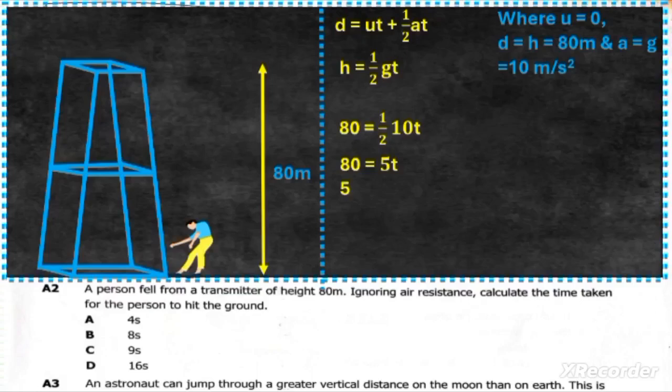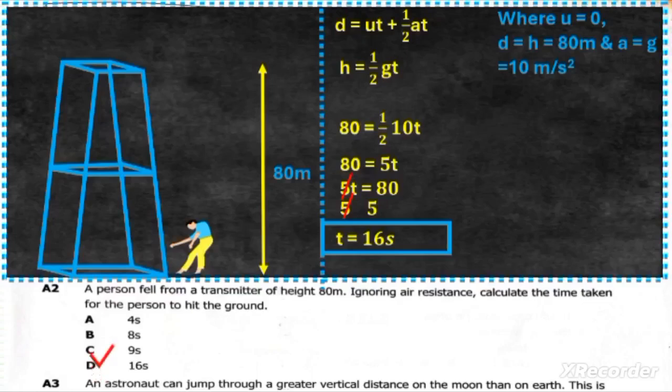To calculate the value of t, we are going to say 5t squared is equal to 80. Divide by 5, and 5 and 5 will cancel. 80 divided by 5, we are going to get 16 seconds. So 16 seconds is our answer, and our correct answer here is D.